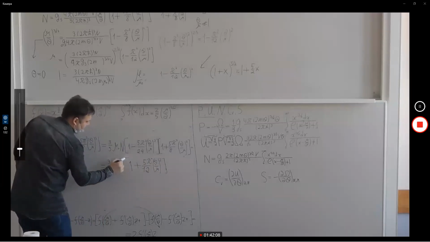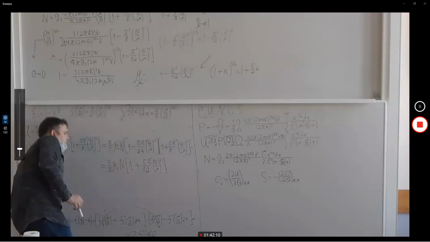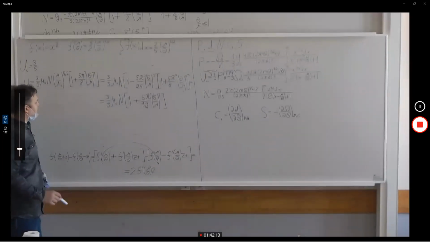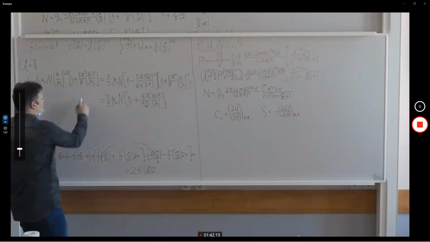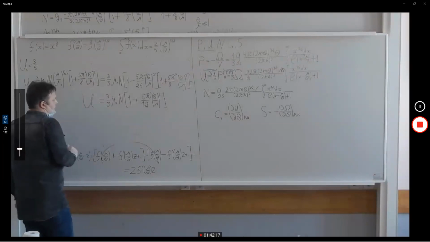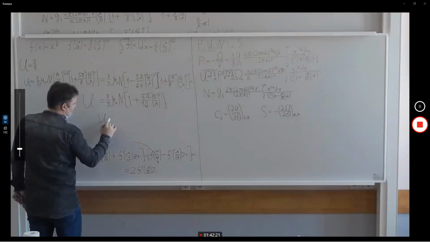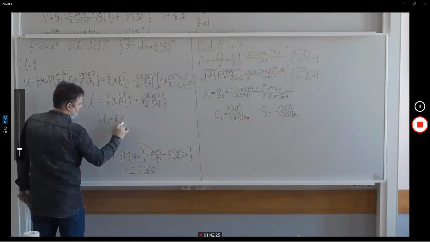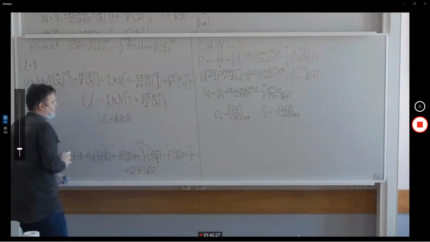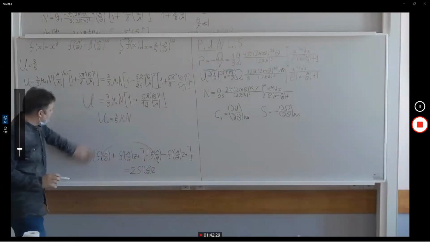And this is the estimate for the internal energy. And we see that this is the internal energy at zero temperature, it has this form.